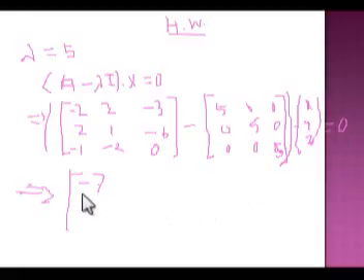The matrix is: row 1: minus 7, 2, minus 3; row 2: 2, minus 4, minus 6; row 3: minus 1, minus 2, minus 5.